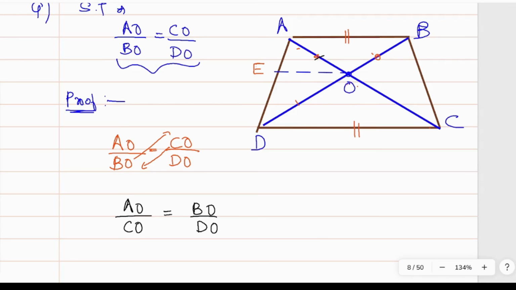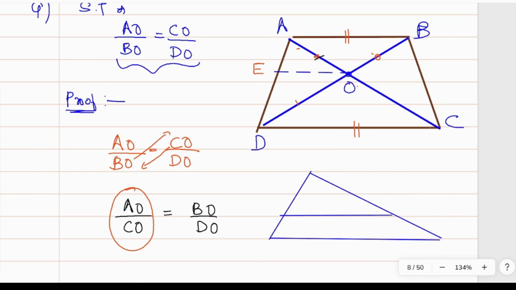So from here, I will take a part out of this trapezium where I will get AO and OC as one side ratio. Okay, now consider a triangle which contains AO and OC, which includes that parallel line EO also. So I am going to take this part, okay? Only this part.